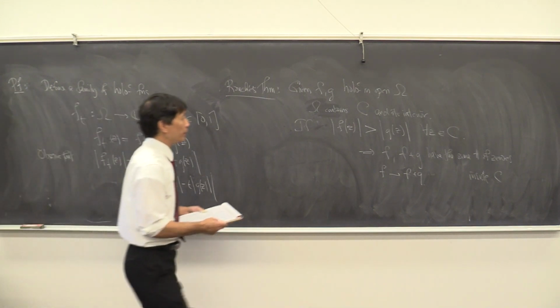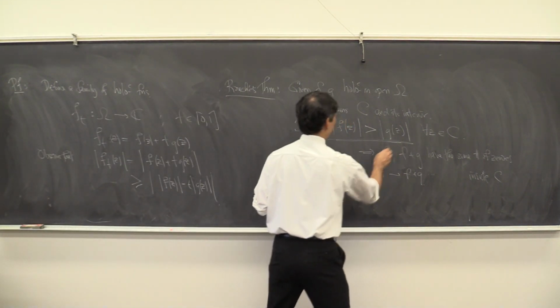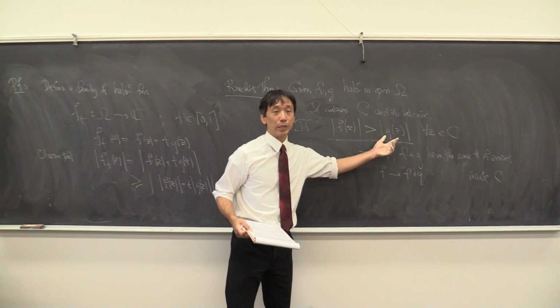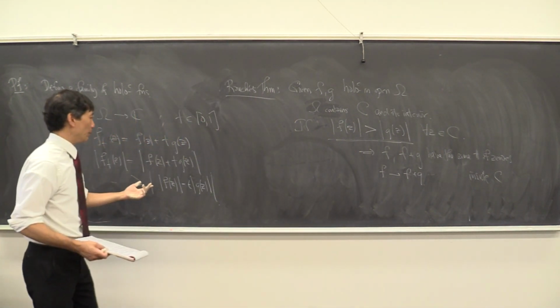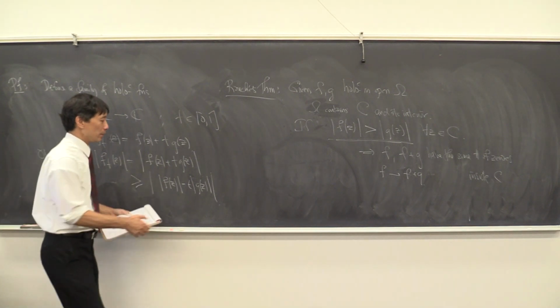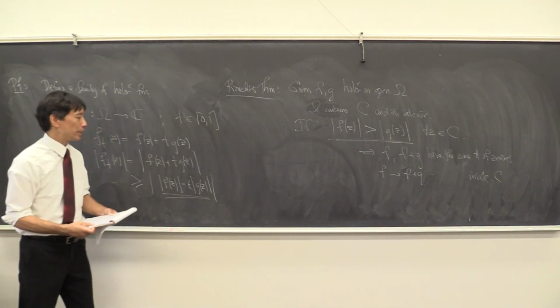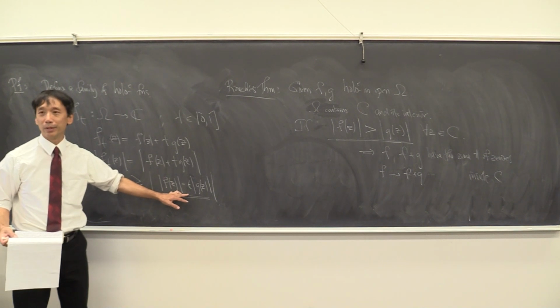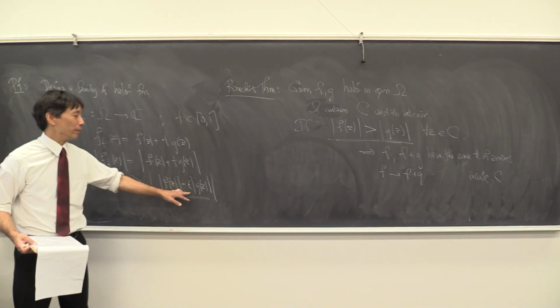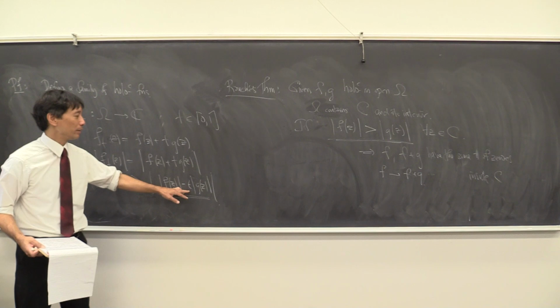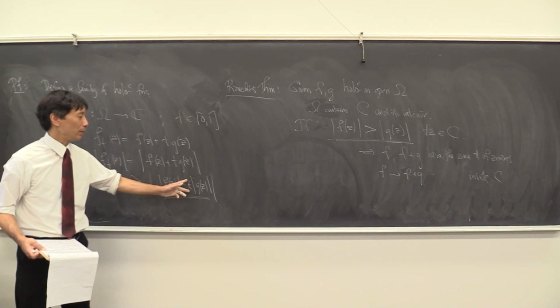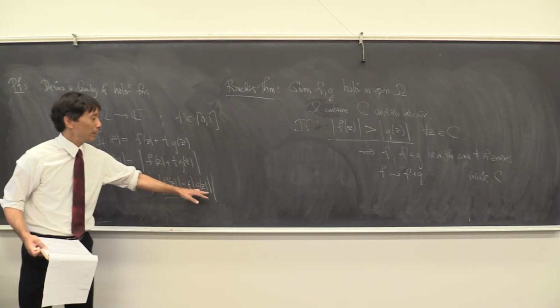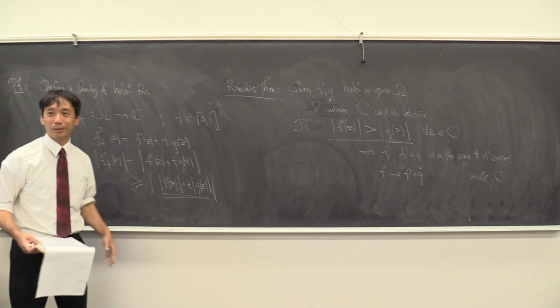But we're already given that f is strictly bigger than g itself, right? So this difference here is going to be positive, because even if we subtract off all of this thing, we're still going to be positive.